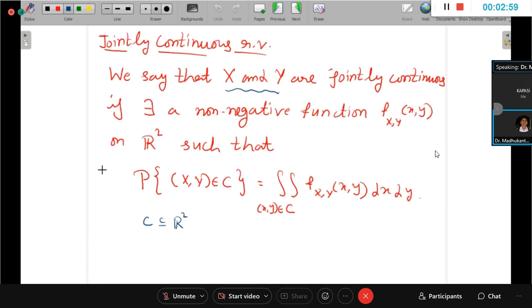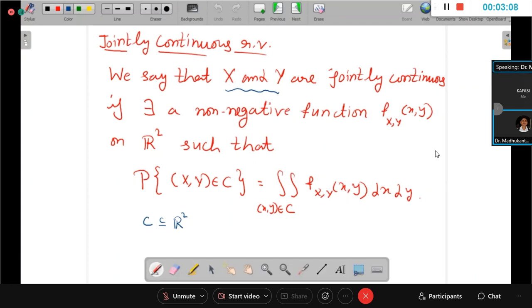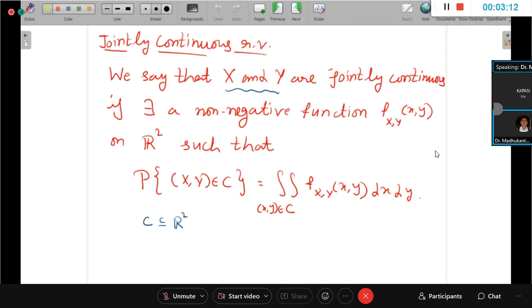So now in a similar fashion, we can also talk about jointly continuous random variables.